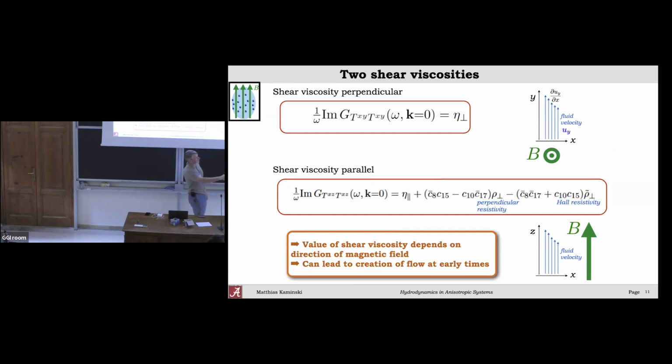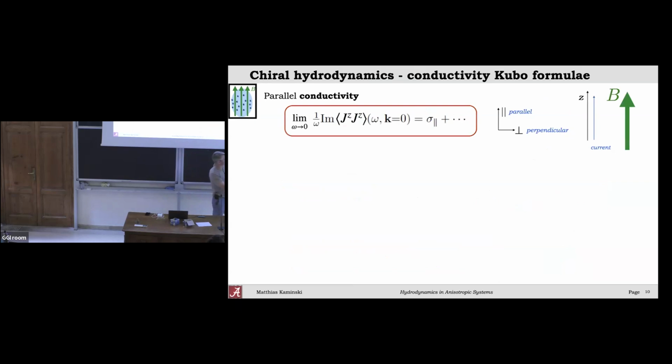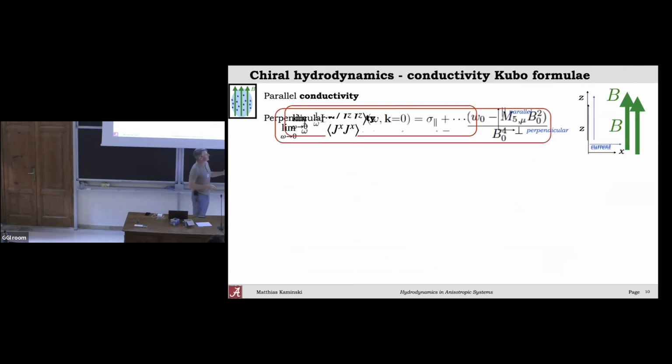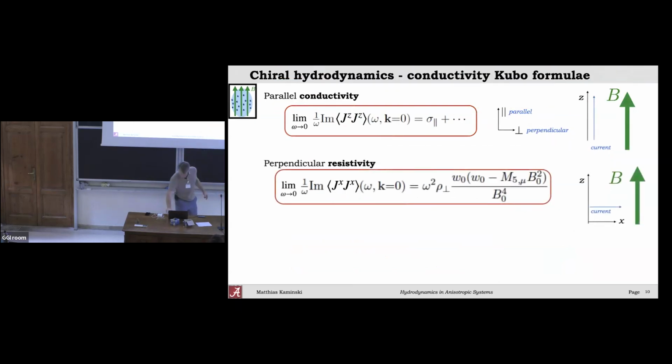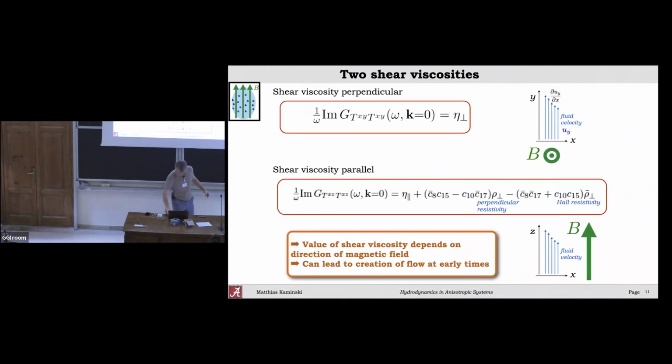But for the parallel one, there are some extra contributions in the lower formula for the shear viscosity in the parallel direction. So parallel to the magnetic field, I have this shear in the XZ plane.